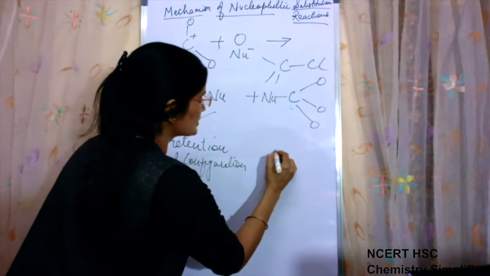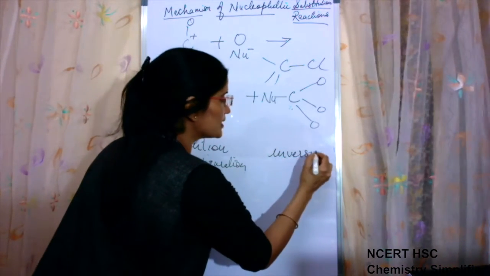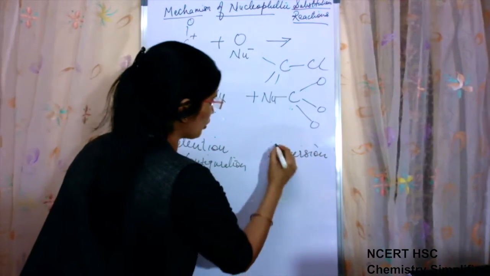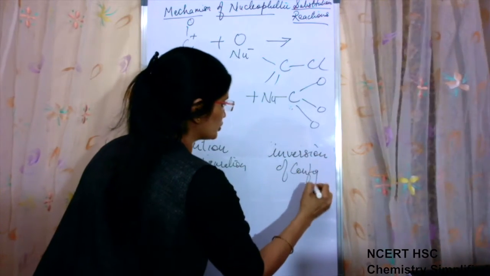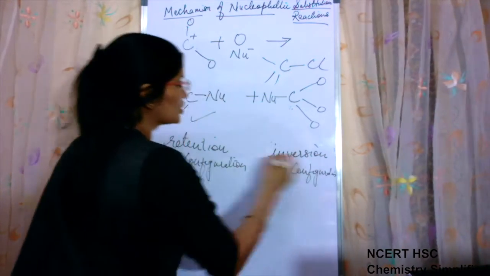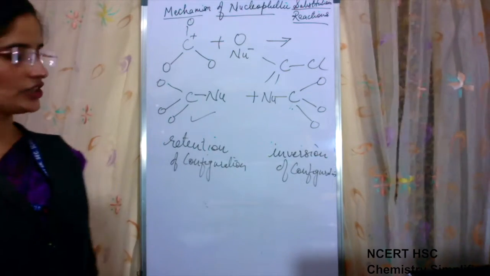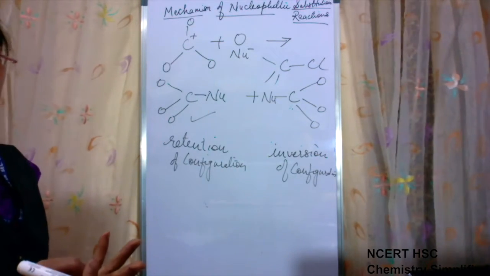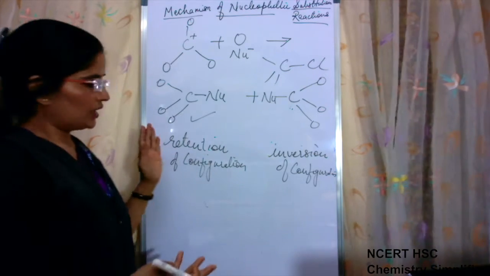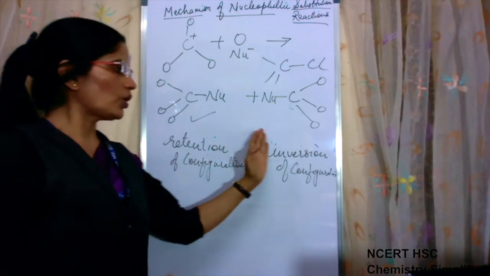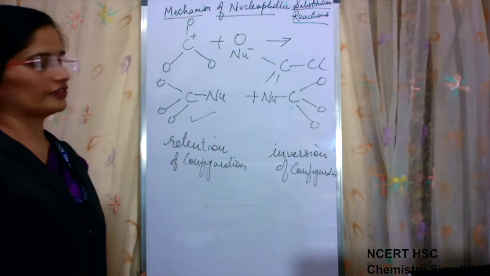So this is known as inversion of configuration, just like SN2. So in case of an SN1 reaction, the product has both possibilities. Either it will be retention of configuration or it will be inversion of configuration.